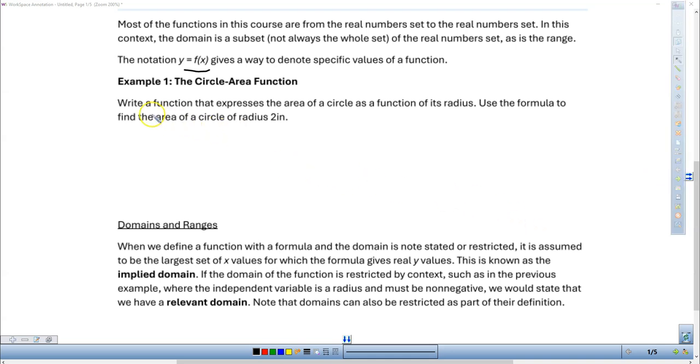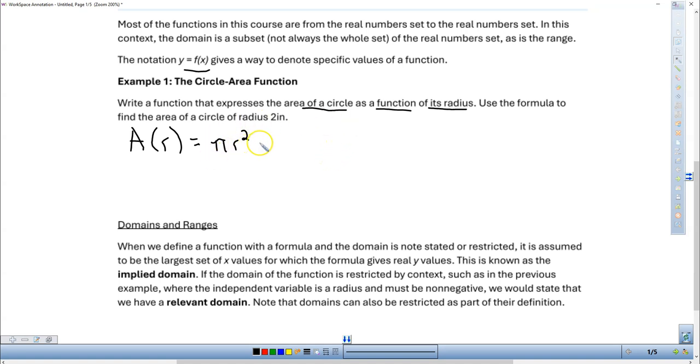So let's look at this with an example. We're going to write a function that expresses the area of a circle as a function of its radius. Then we can use that formula to find the area of a circle with a radius of 2 inches. If we recall, the area of a circle is a pretty common function. Because we're using this as a function of its radius, we need to say area of r, where we use r for radius, is equal to pi times r squared.